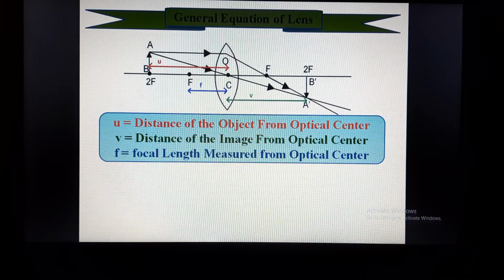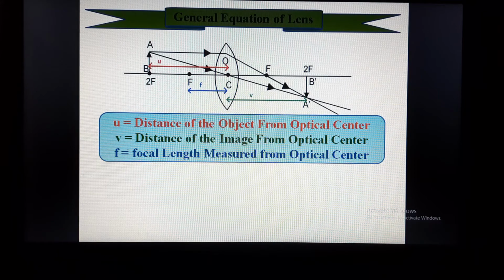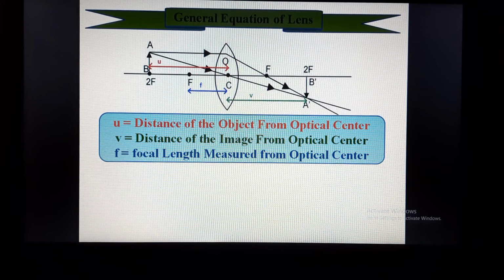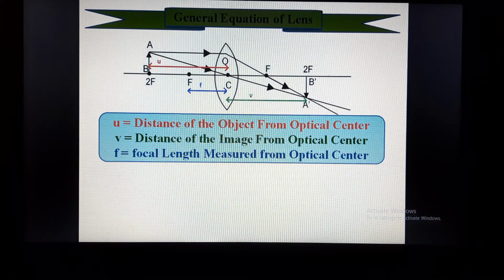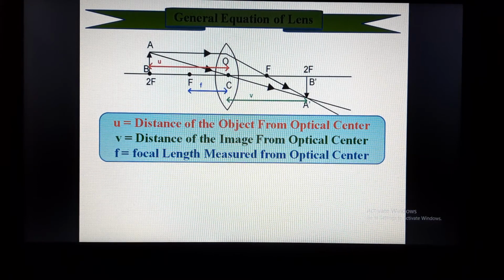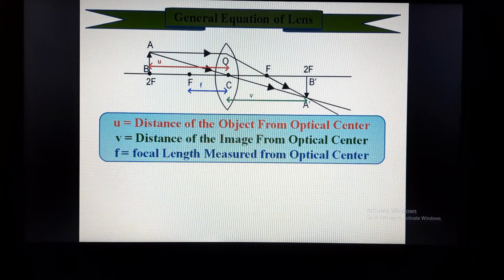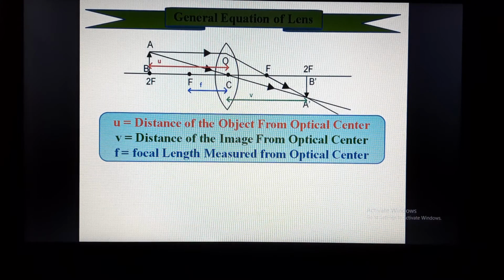The green line is denoted by V, which is the distance of the image from the optical center, and the blue line is denoted by F, which is called the focal length, measured from the optical center.